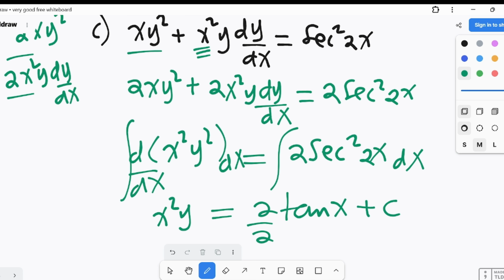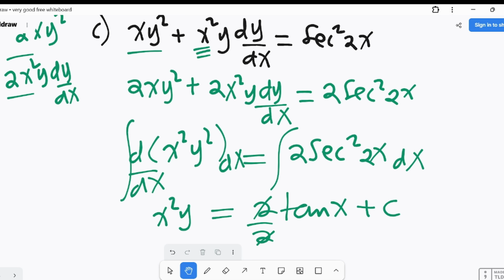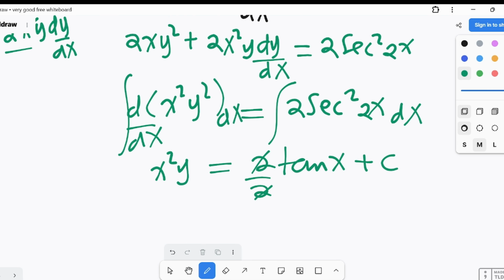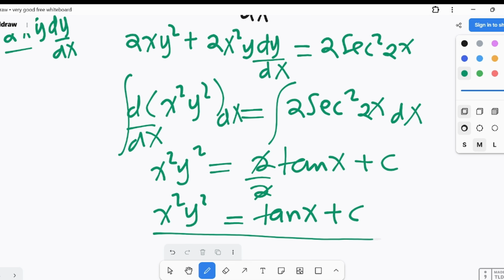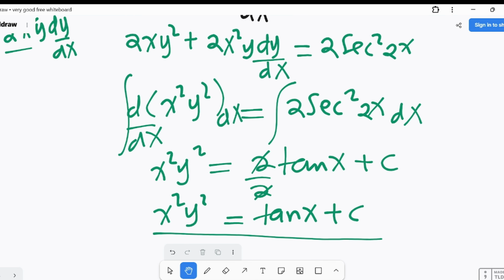So you can use all methods of integration that you know. So we end up having x square y square is equal to tan x plus a c. As simple as that.